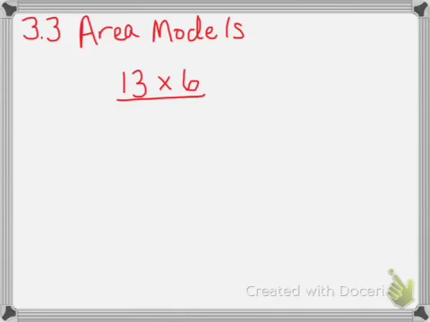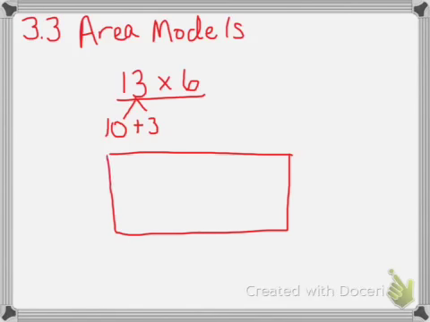When we drew the model of 13 times 6, I broke 13 apart in expanded form. And then I drew a rectangle to show 13 across and 6 down. And then I broke my 13 into a section of 10 and a section of 3.